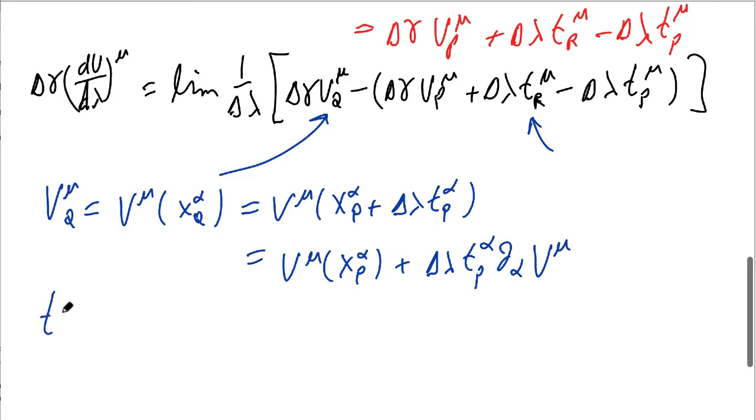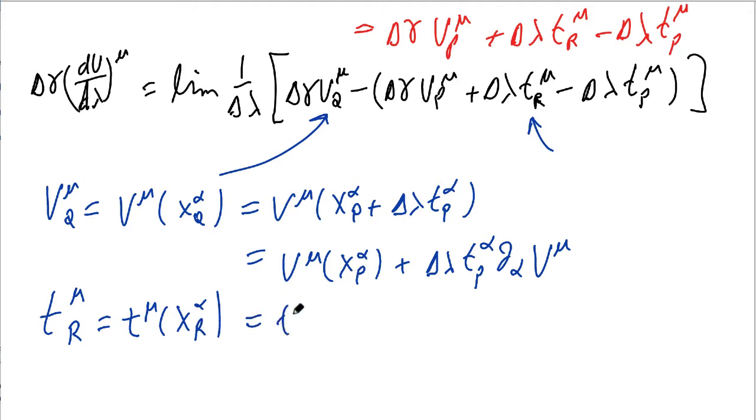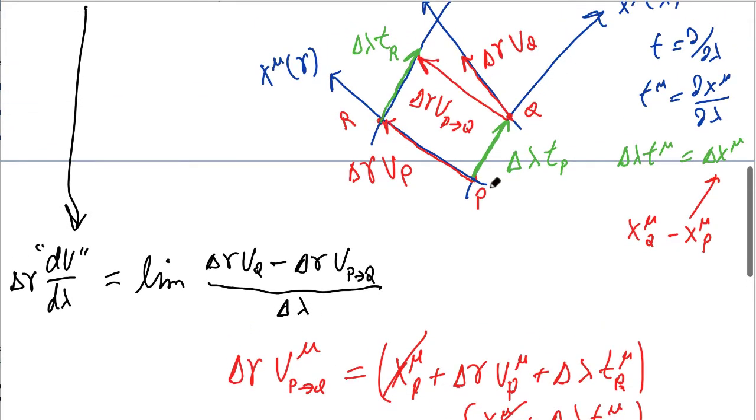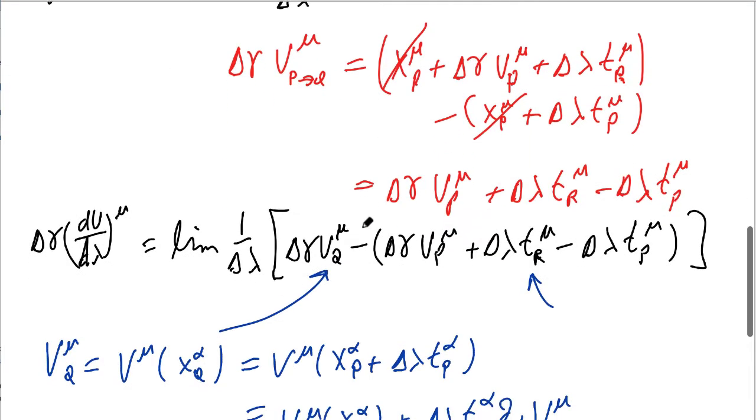Now we can do the same kind of calculation for this vector's components. We have t mu at point R, that's t mu at the point with coordinates x sub r. And if we remind ourselves where that point is from the diagram, it's this point here that's displaced from point P by the components of this vector, delta gamma v sub p.